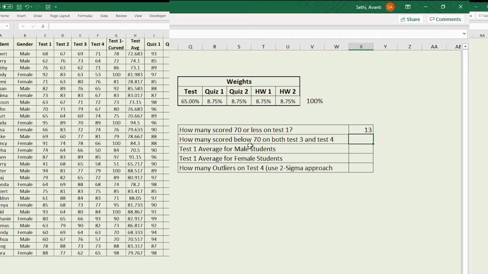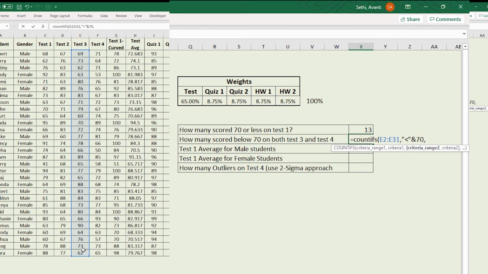How many scored below 70 on both test 3 and 4? On both tests 3 and 4, not only one. Now once again you can do COUNTIF, you can nest it, or put two conditions. But a better function is actually COUNTIFS. So equal to COUNTIFS, and now you can do as many as you want. Criteria range 1 is our test 3, and the criteria is less than 70.